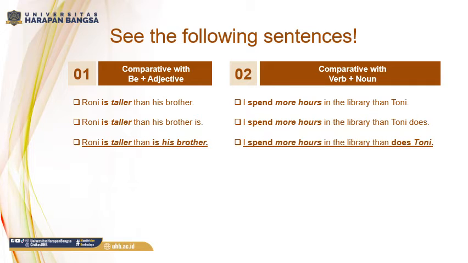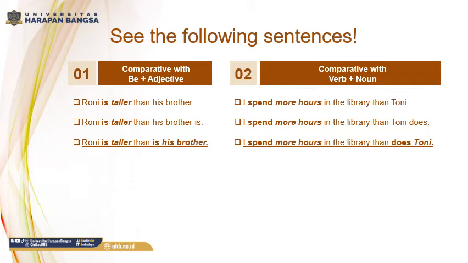Nah, kalimat yang pertama dan kedua adalah bentuk komparatif yang biasa. Sedangkan kalimat yang terakhir kita bisa lihat di sini, Ronnie is taller than is his brother. Ini adalah bentuk kalimat inversi dengan menggunakan comparative. Nah, let's take a look again ya. Di sini kita punya bentuk be diikuti oleh adjektif ya.